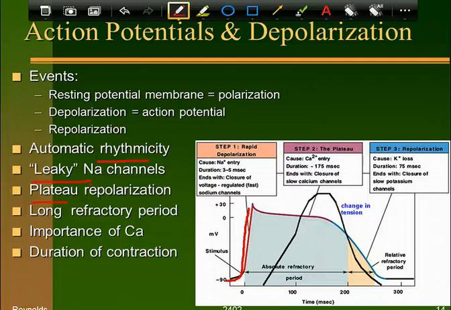You get a plateau right there, which you do not get in skeletal muscle, or smooth muscle for that matter. And again, you can also see that calcium is really, really important here for cardiac muscle, more than any other muscle. And you can also see that this is a longer lasting contraction.